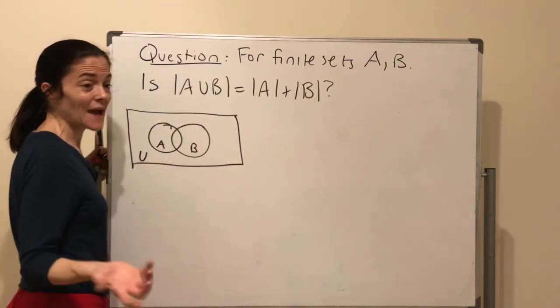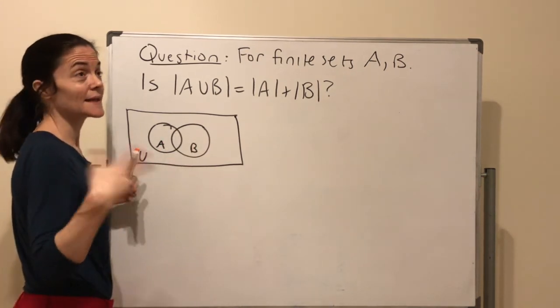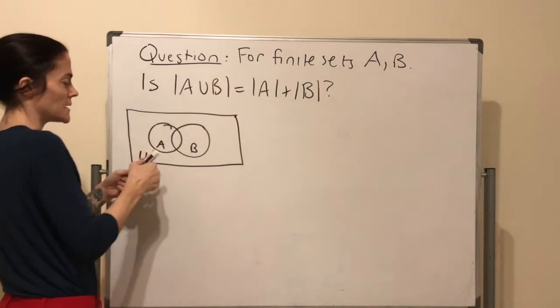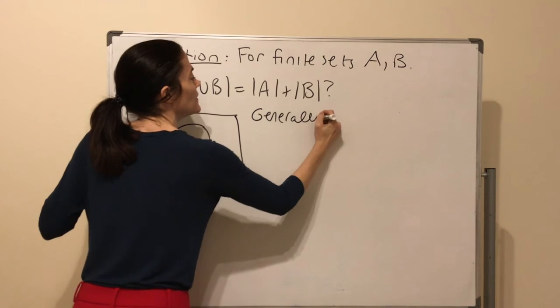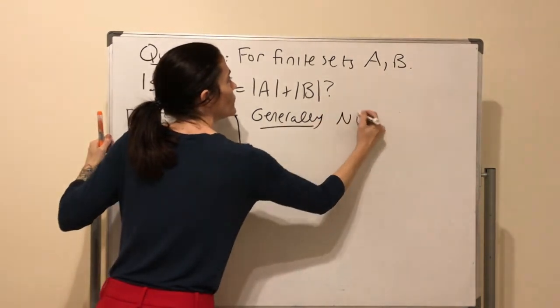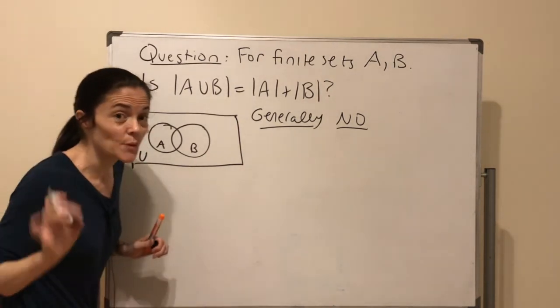We're going to be counting this stuff in the intersection 2 times, and that's going to be more than this union. So the answer, generally, is no. That is not true. Now there is a case when it holds.